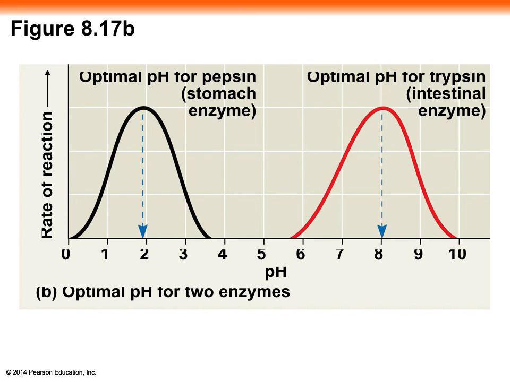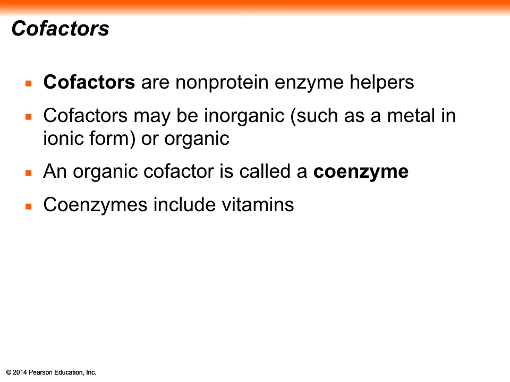So if that enzyme were to move out of the stomach and into a different area with a different pH, the enzyme would then slow down in its work because it's now in an environment other than the one optimized for what it likes. So pH is a factor, and temperature is also a factor in the rate of reactions that an enzyme can undergo.